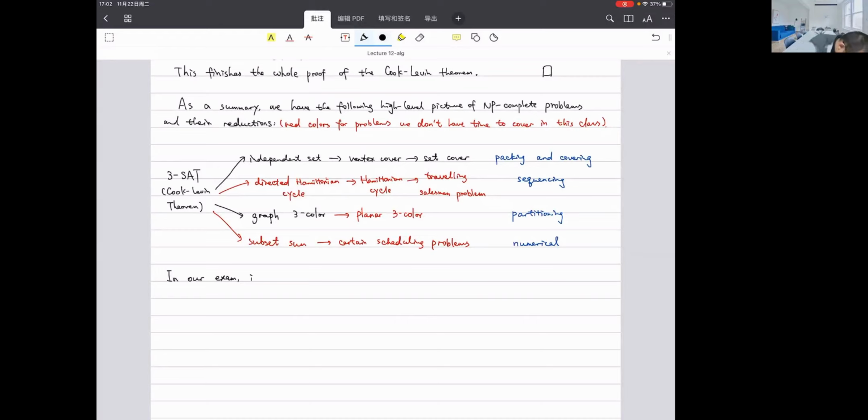It is okay to use the NP-completeness of these problems and make reductions, because there are many different NP-complete problems here.